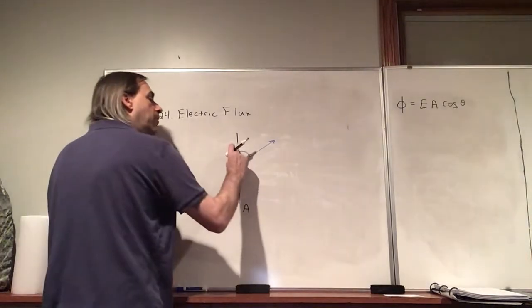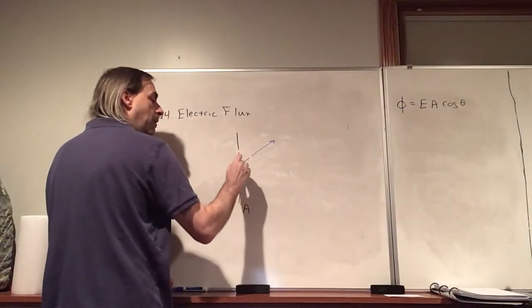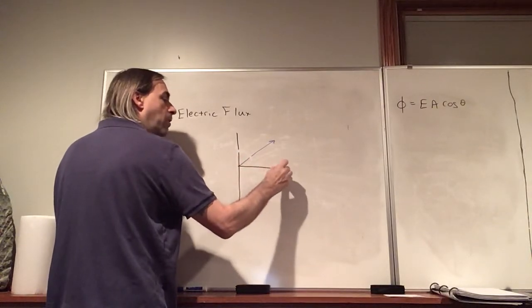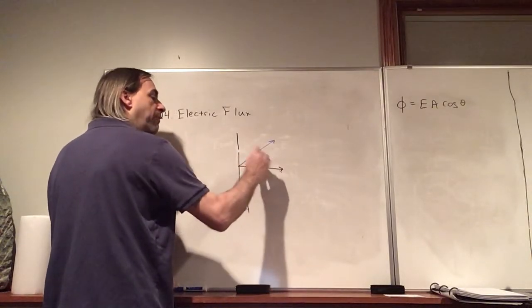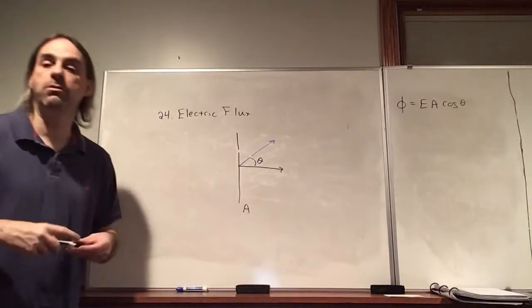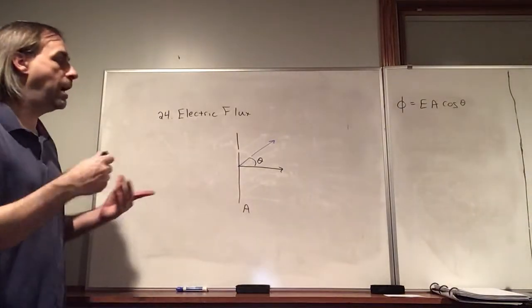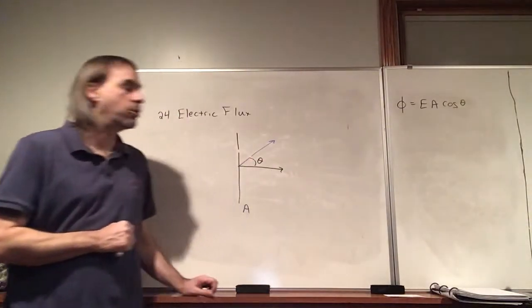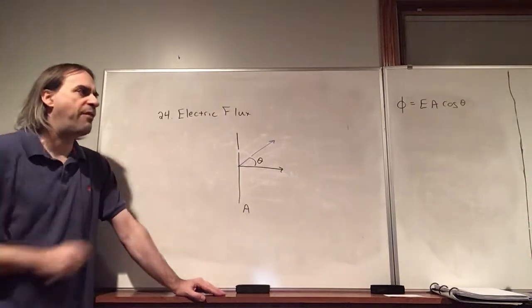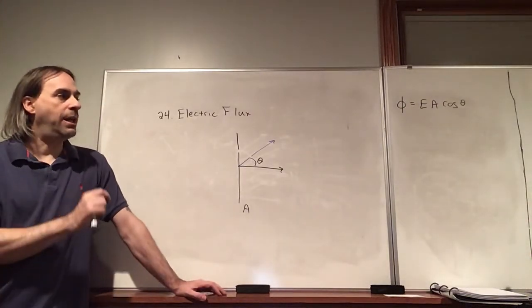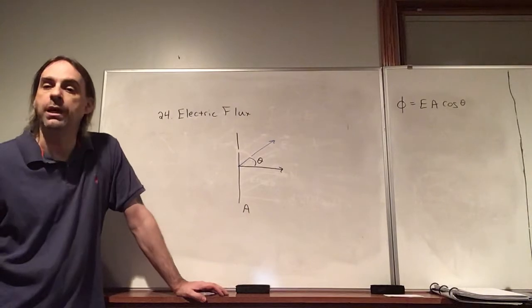So you would have to remember that you always measure the angle with respect to that normal vector. So it's very easy to get that part wrong. You have to know which angle you're talking about. And then we just define the flux this way: E times A times cosine of theta.